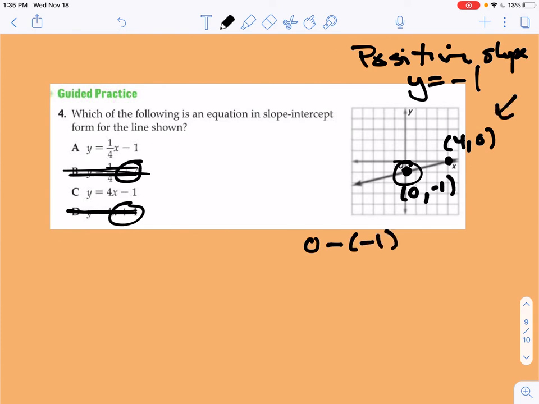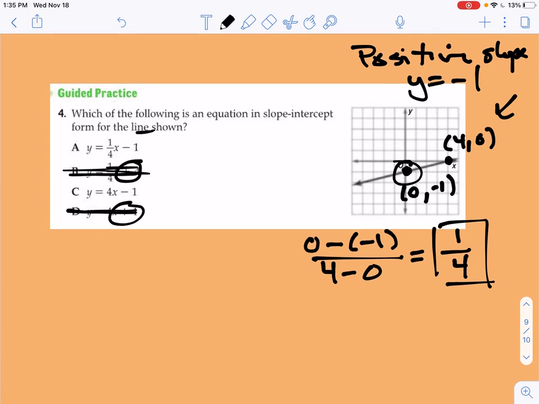So 0 minus negative 1 over 4 minus 0. So that gives me 1, because 0 minus minus is plus, so it's plus 1. And then 4 minus 0 is 4. So I have a slope of 1/4. And that would make this A.